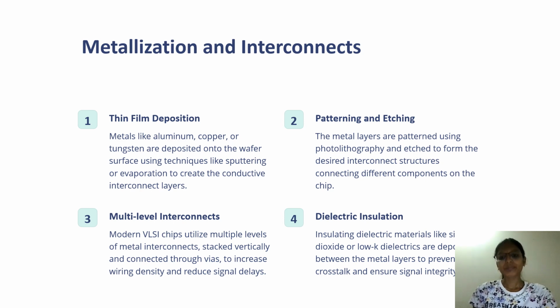Patterning and etching: the metal layers are patterned using photolithography and etched to form the desired interconnect structures connecting different components on the chip. Then multi-level interconnects. Modern VLSI chips utilize multiple levels of metal interconnects stacked vertically and connected through vias to increase wiring density and reduce signal delays.